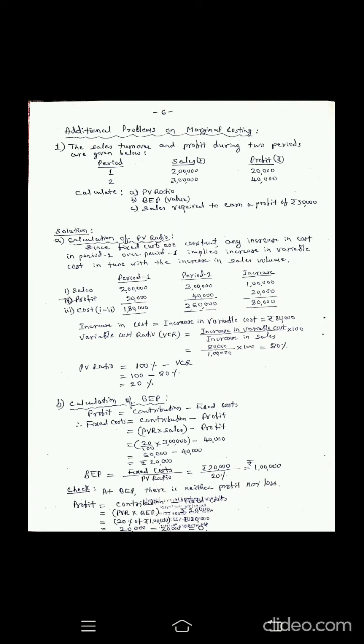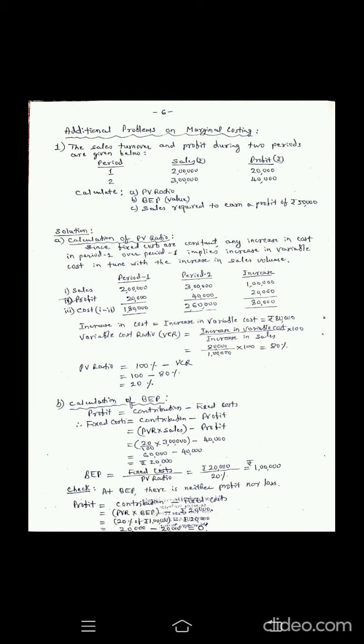We have to calculate fixed costs. Contribution minus fixed cost will give us profit. Naturally, on that basis, we can get fixed costs by deducting profit from contribution. So, contribution minus profit is fixed costs.